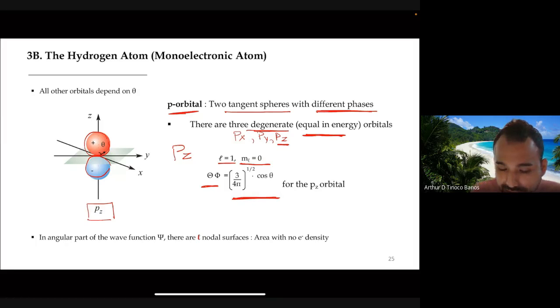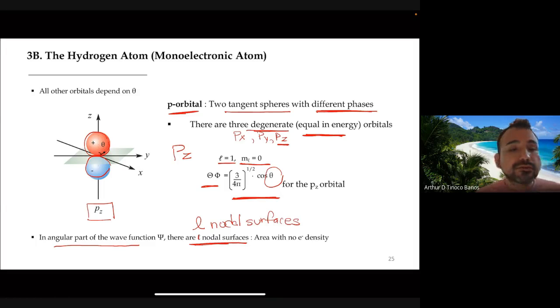As you can see, there is an angular dependence here, so that's important to note. It turns out that in the angular part of the wave function, there are L nodal surfaces. What does that mean? Let me write this bigger for emphasis: L nodal surfaces.